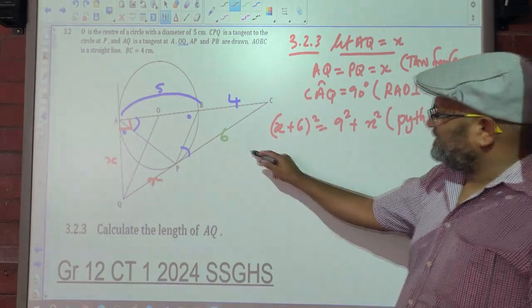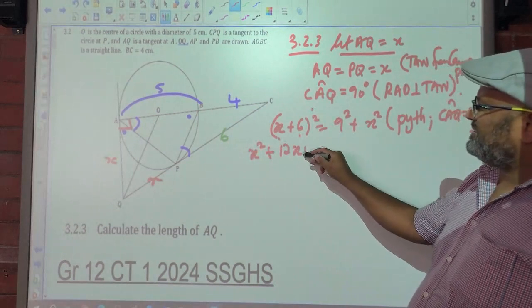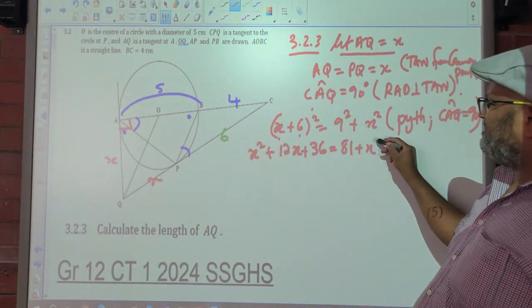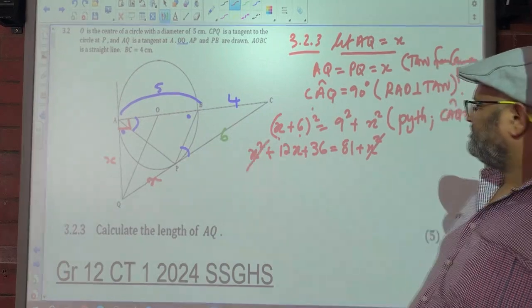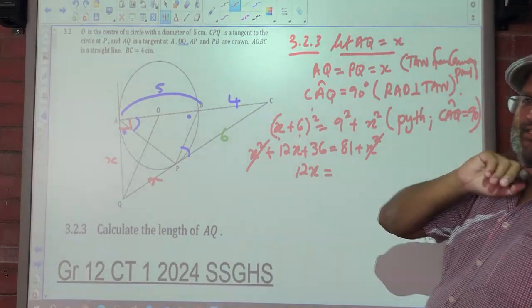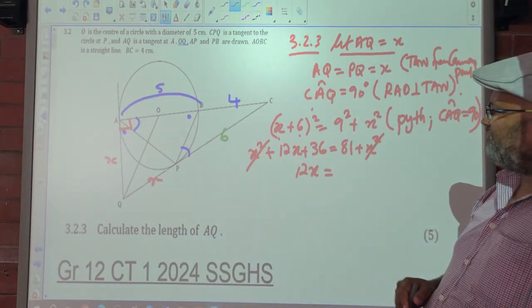Okay. So it's x squared plus that times 2, 12x, plus 6 squared, which is 36, equal to 81 plus x squared. That cancels. So 12x equal to what? 81 minus 36.